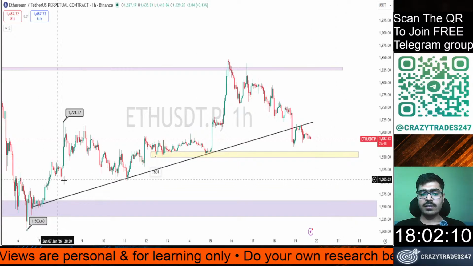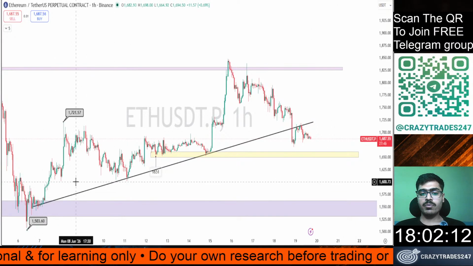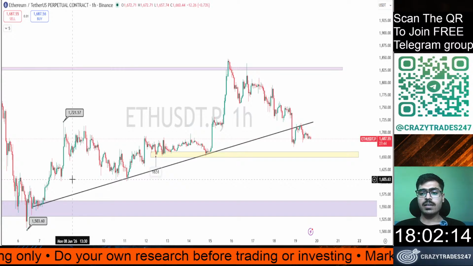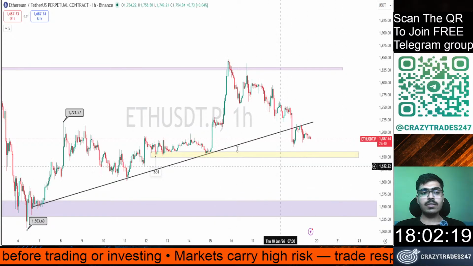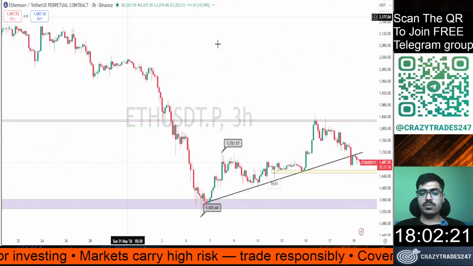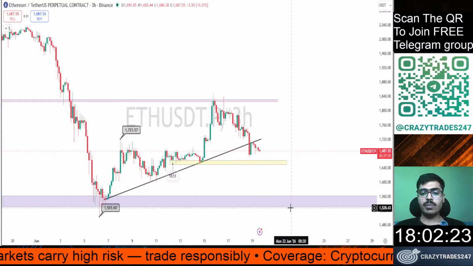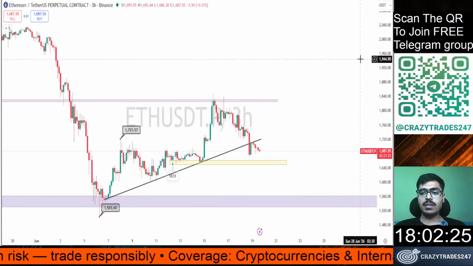We might face some support at this 1600 level, but it's fine. If this level is broken, it is almost certain that Ethereum will continue below this 1503 level.